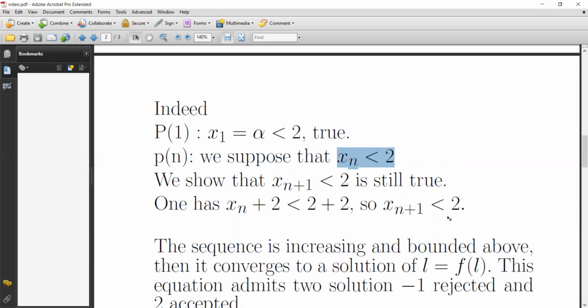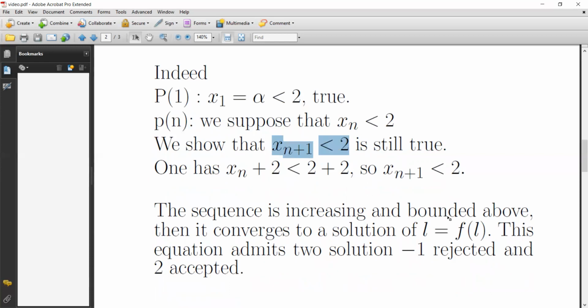We suppose that the statement is true at rank n, which means that x_n is less than 2, and we show that it's still true for x_{n+1}. As x_n is less than 2, if we add 2 to both sides of the inequality, we get x_n plus 2 less than 2 plus 2, which means x_n plus 2 is less than 4.